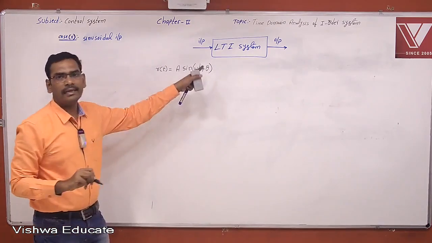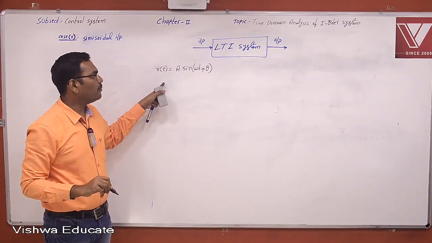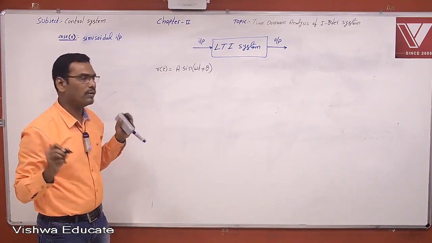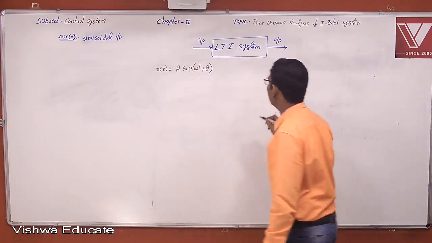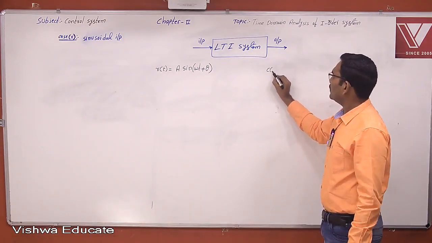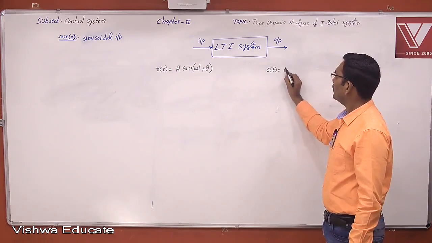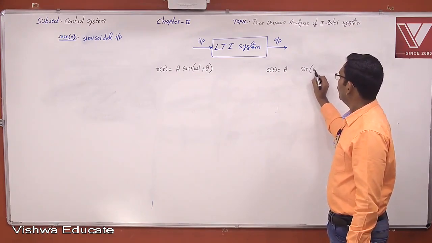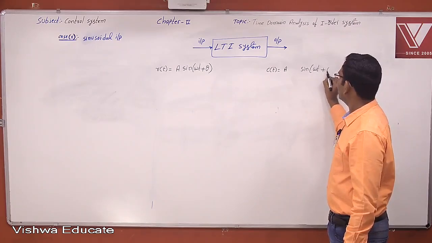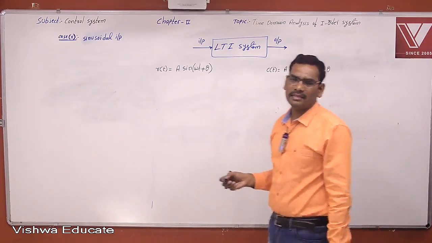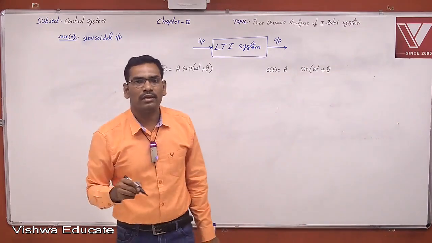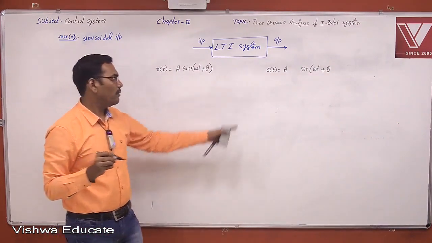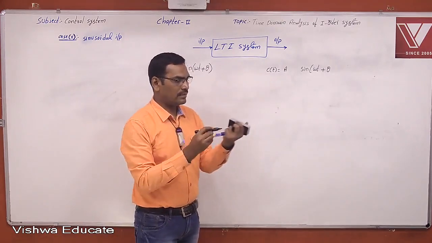For a linear time invariant system, if the input is sinusoidal, the output is also sinusoidal, of the form A sine omega t plus theta. So where are the changes? Only the difference in magnitude and the difference in phase.